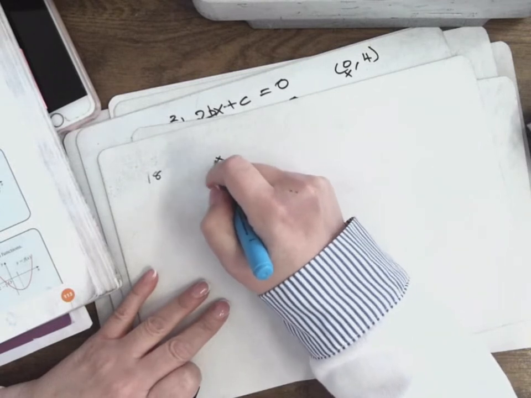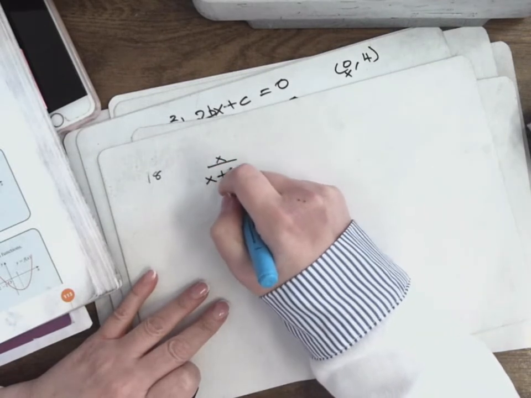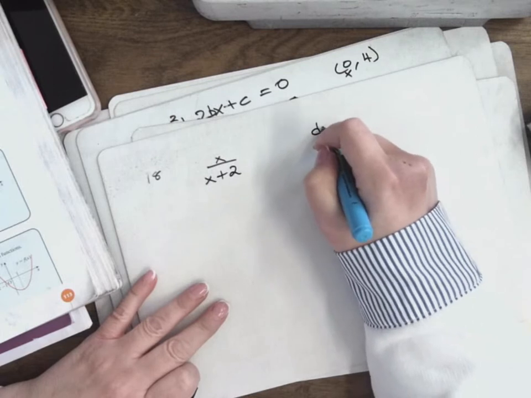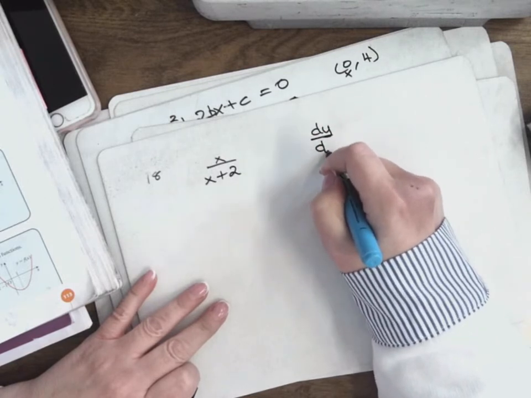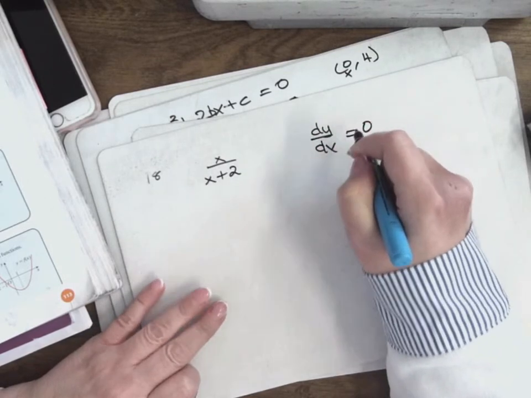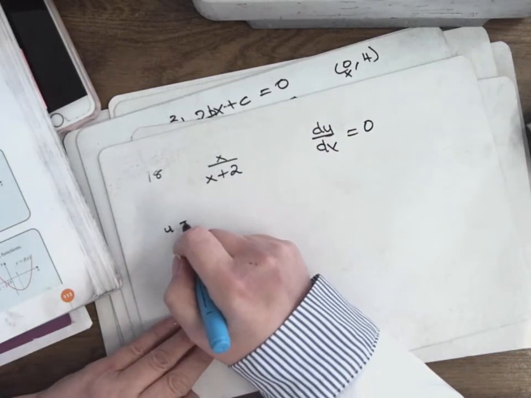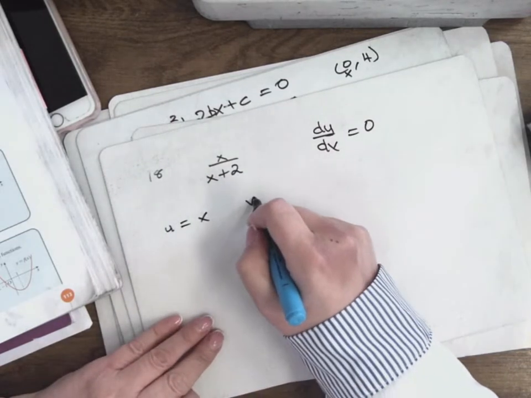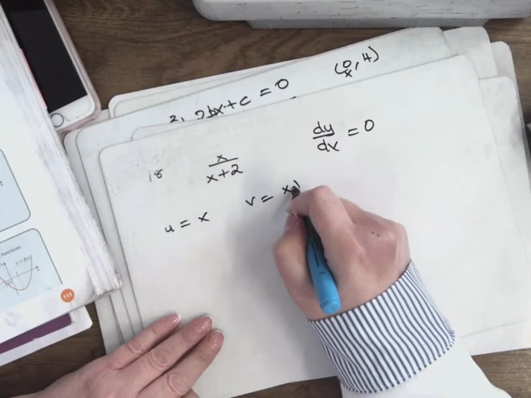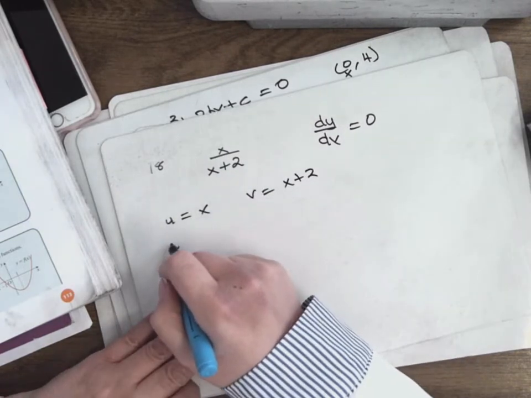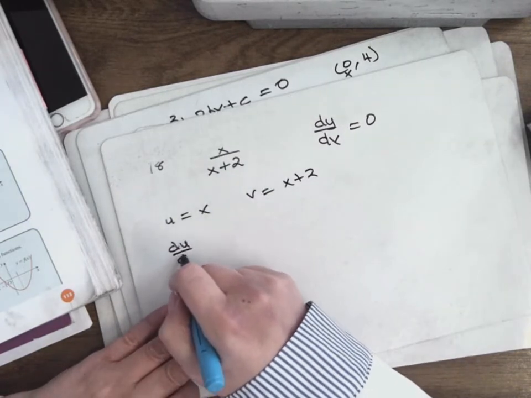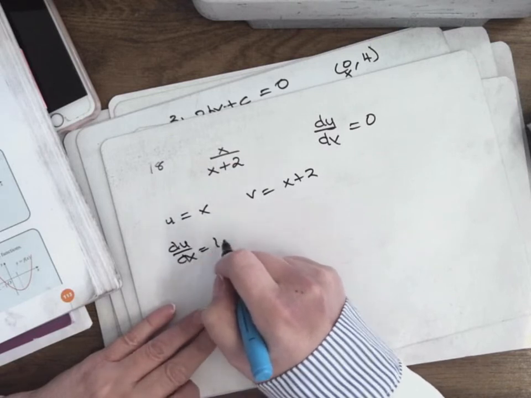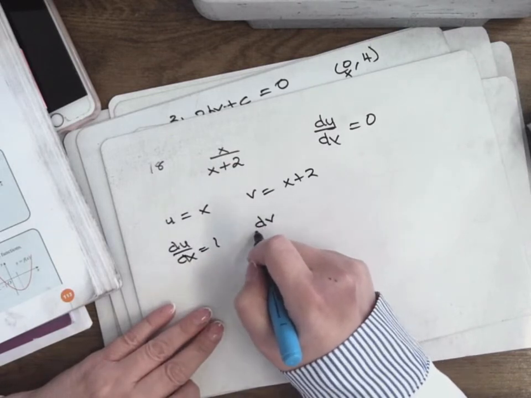So x all over x plus 2. At the turning points, dy dx equals 0. So get dy dx. It's a quotient rule. So u is on top, v is on the bottom. du dx is 1. dv dx is also 1.